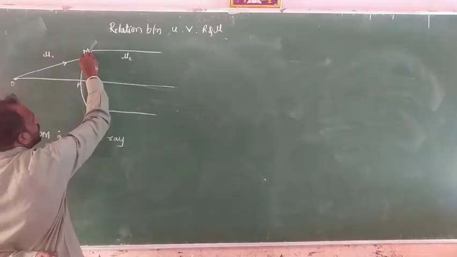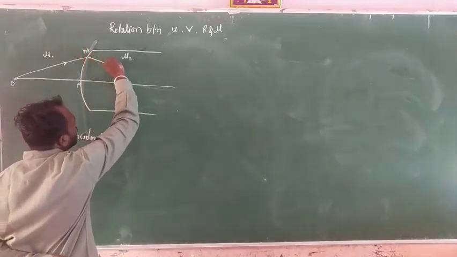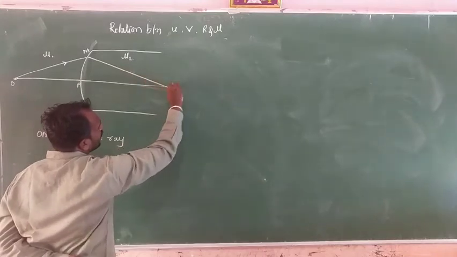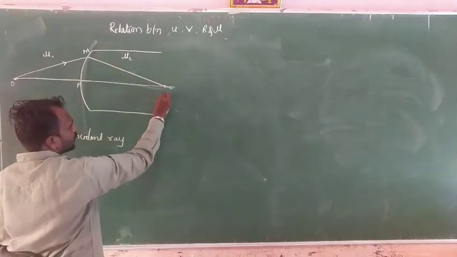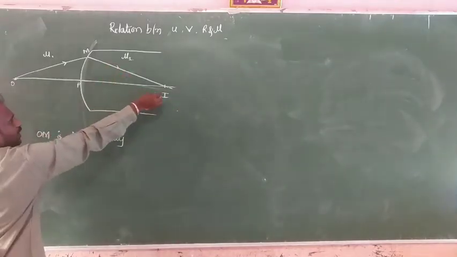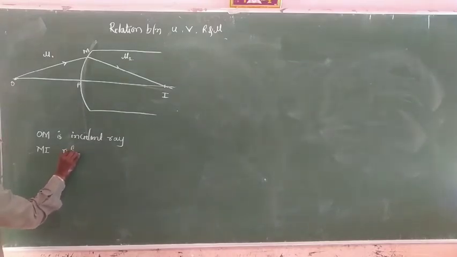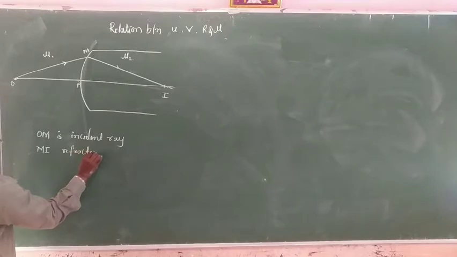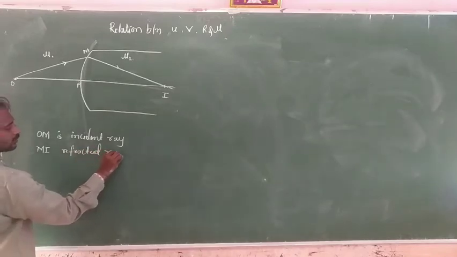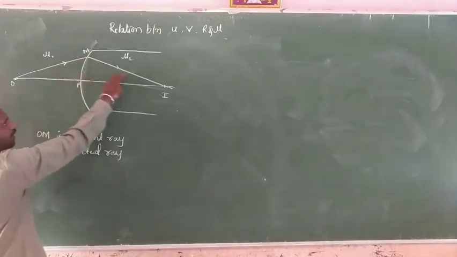Then this light ray is refracted, and somewhere here we get an image I. MI we consider the refracted ray.